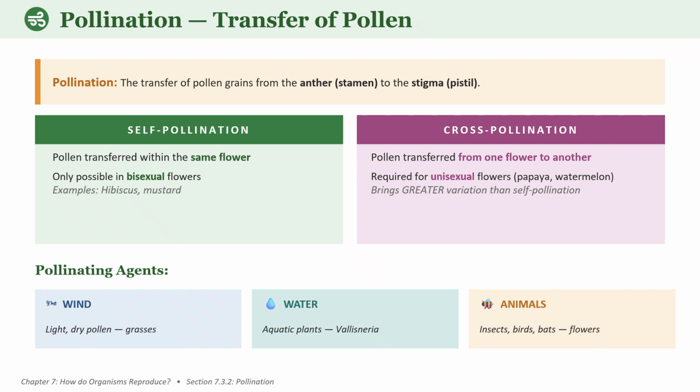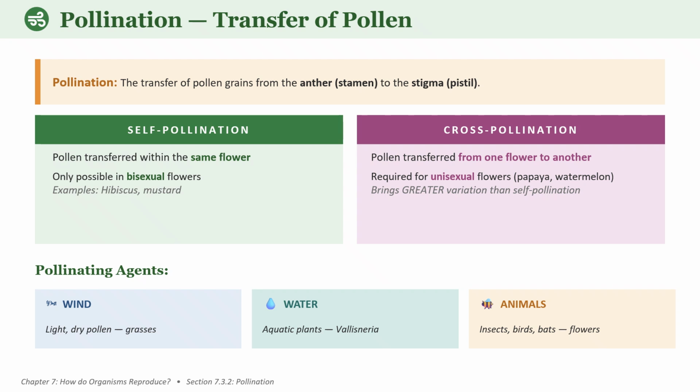Transfer of pollen from one plant to another plant of the same species occurs here. It can be within the same plant or a different plant of the same species. And advantages are they produce greater variation and it leads to healthier offspring. Examples are papaya and watermelon.